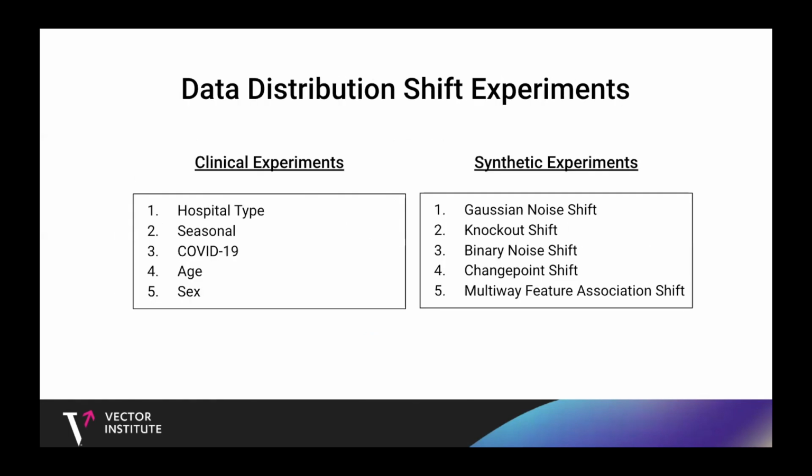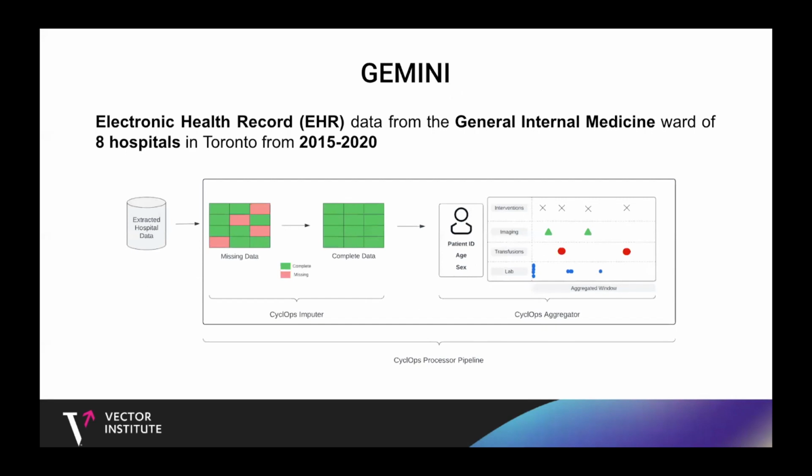You can also input your own model to evaluate and monitor across real-life events, so monitoring drift across different hospitals, which is really common, or hospital types, season, events like COVID-19, and variables like age and sex, which have been known to cause dataset shift, as well as synthetic experiments where you can induce synthetic noise and then evaluate a model's robustness to that noise.